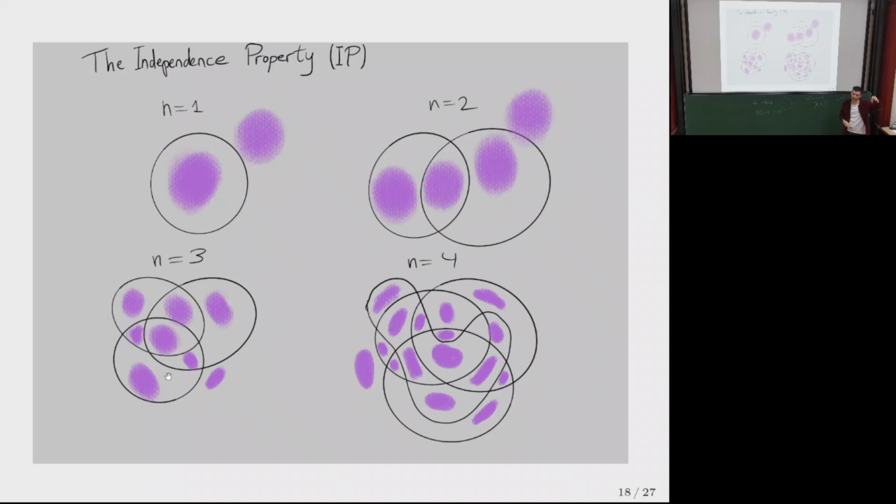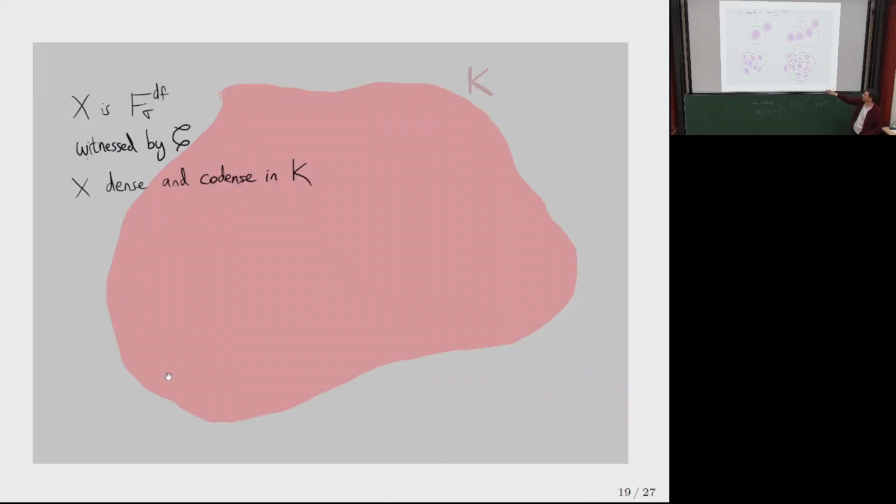Okay, we intend to show in an NIP structure, every F sigma set is constructible. So we want to construct this kind of definable family from the assumptions, which were X is F sigma, dense and co-dense in K because it's not constructible, and that's it. And we're calling curly C the family that witnesses that it's F sigma.